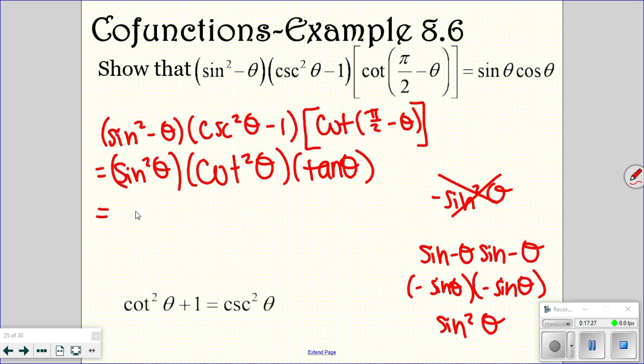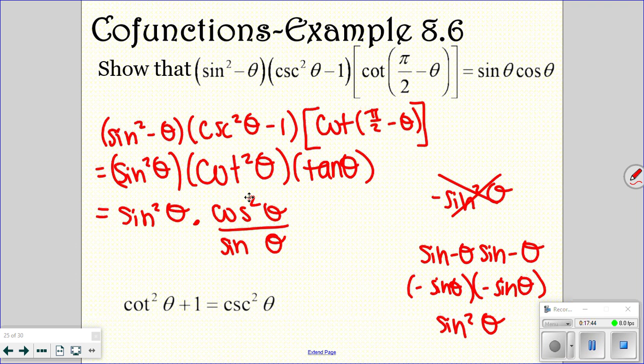Now, we can't simplify any of them individually, so we're going to put them all in terms of sine and cosine. So the first one's already in terms of sine. Cotangent is cosine over sine, but this one is cotangent squared, so it's actually cosine squared over sine squared. And then tangent is just sine over cosine.